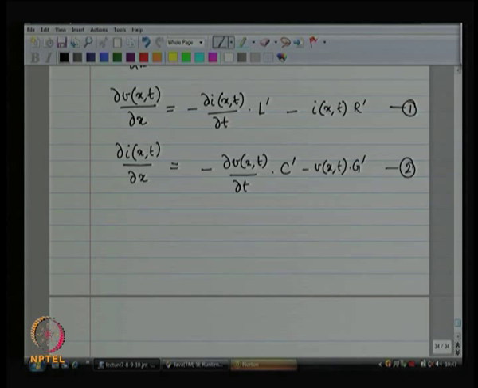So, what I am going to do is take a further second derivative.